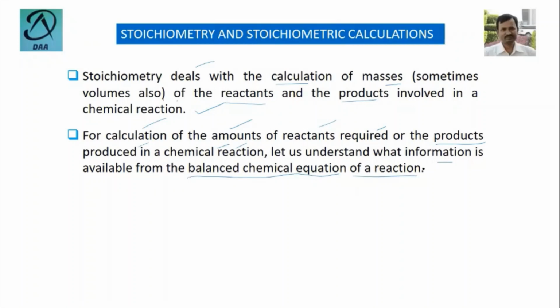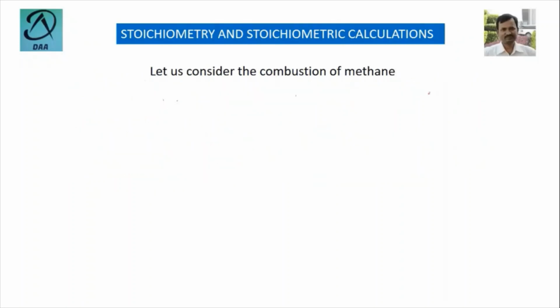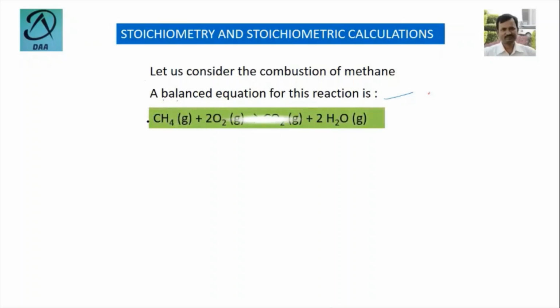We'll give one example. Let us consider the combustion of methane. A balanced equation for this reaction is CH4 plus 2O2 will produce CO2 and 2H2O.